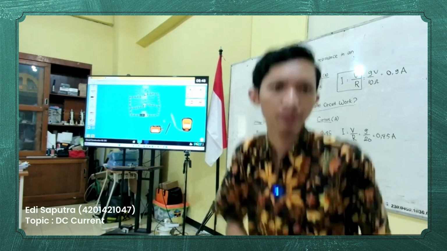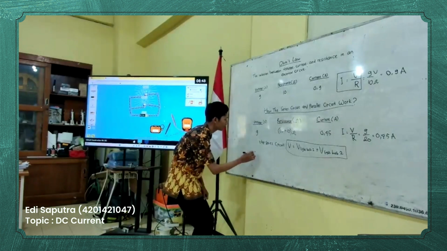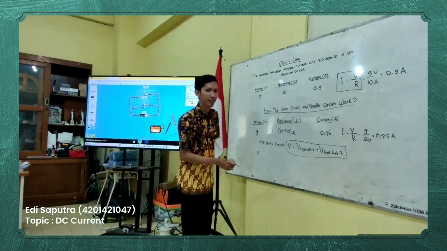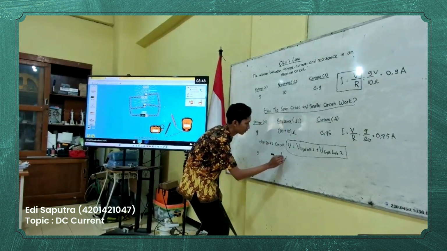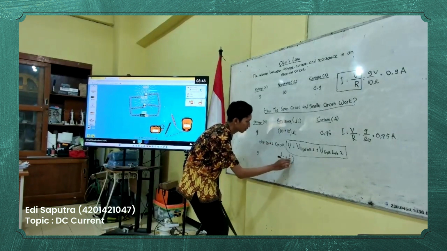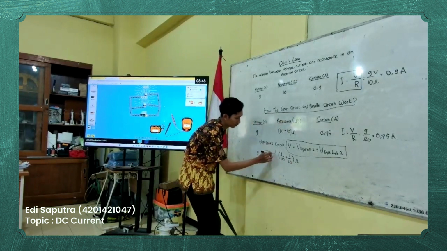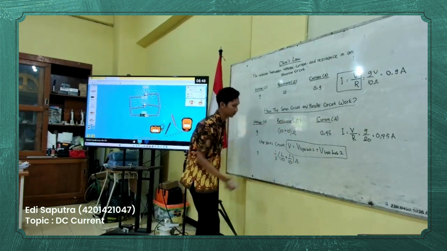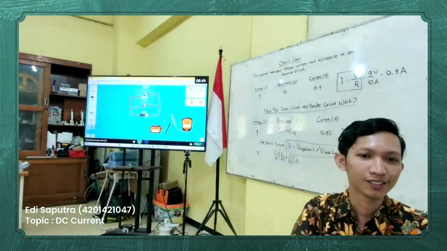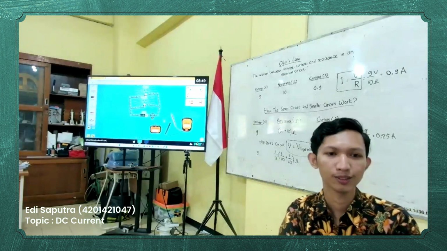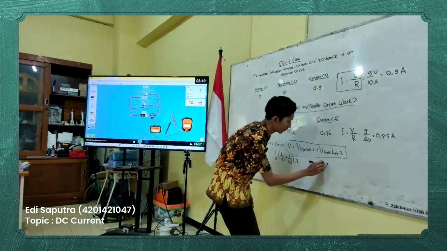Okay, this is the simple parallel circuit with the two light bulbs. The voltage is 9 and the resistance is... The current in this circuit is about 1.8 amperes.